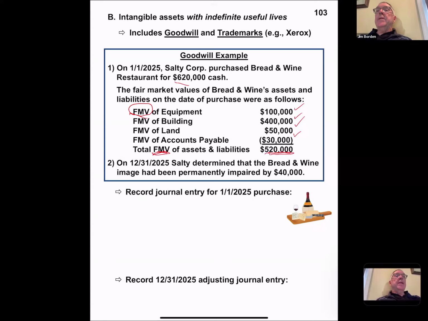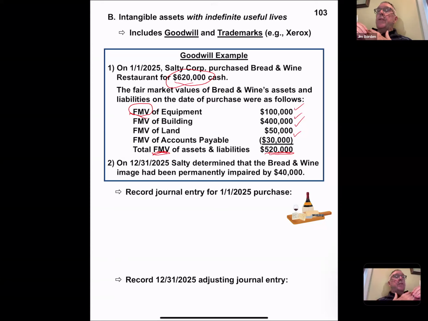But notice we paid 620. So the question is, why would we pay more than the value of what we're getting? Again, all these things are at their current value. It's not like you're saying, well, that equipment was really old and it's just not worth much. We're saying this is how much it's worth now, 100,000, and the building 400,000. Yet we're still paying this $100,000 premium. Okay, that's what goodwill is.